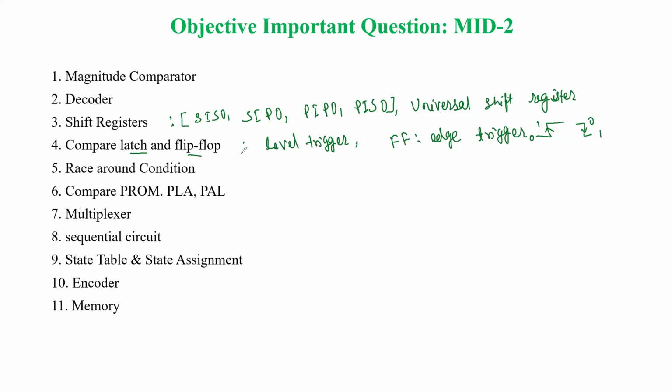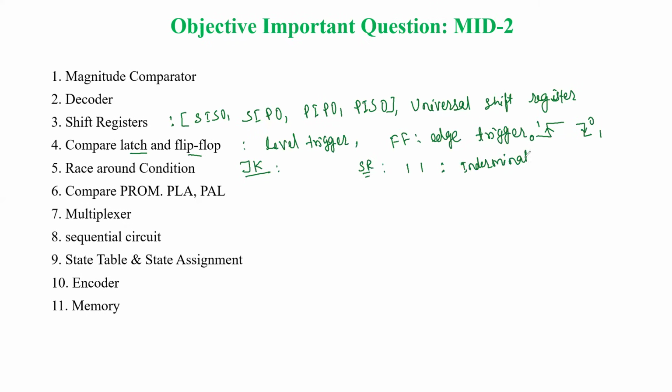Race around condition is related to the JK flip-flop. In case of SR flip-flop, if you have seen earlier, or even in case of latch, generally we are talking about flip-flop. In case of SR flip-flop, when both inputs are 1, 1, then outputs are indeterminate.